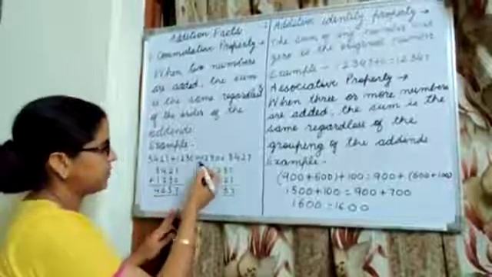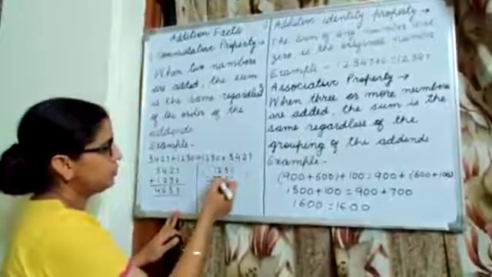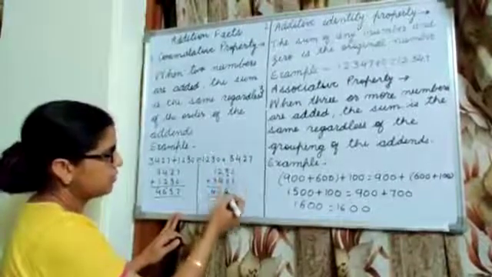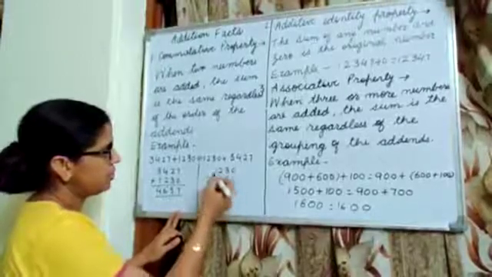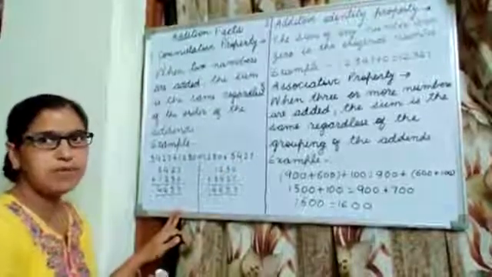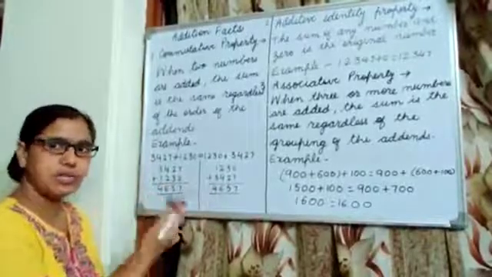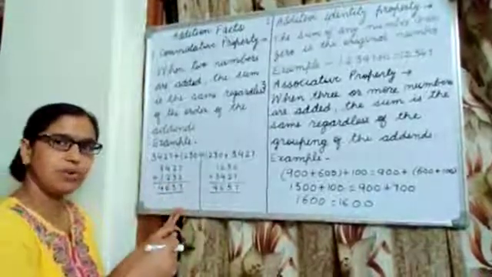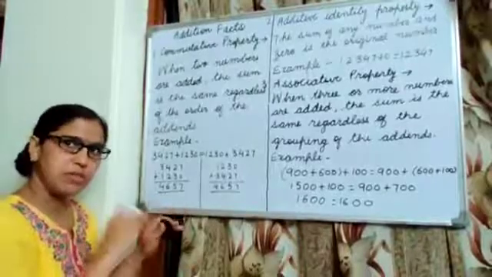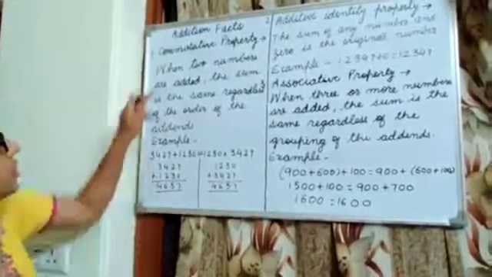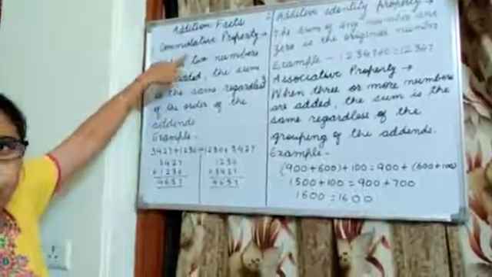Now this side, 1230 plus 3427: 0 plus 7 is 7, 3 plus 2 is 5, 2 plus 4 is 6, 1 plus 3 is 4. So we can add the numbers in any order. Our answer, or our sum, will be the same. This property is called the commutative property.